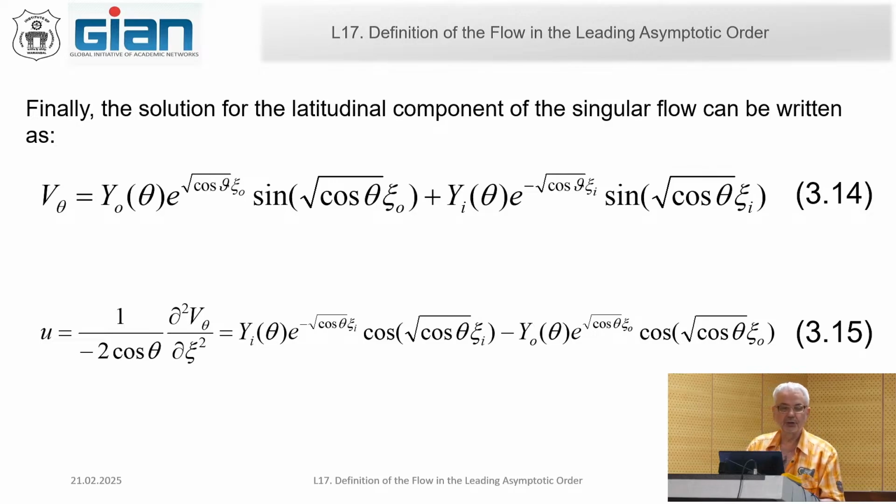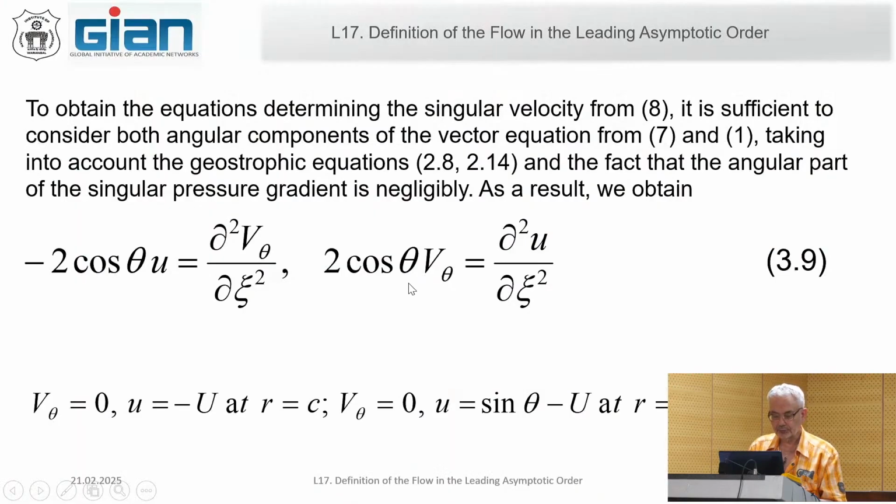Again, I stress this simple result appears only because for the Coriolis force we have no component from the geostrophic flow, but there is a component which depends on this theta variable, which changes very sharply.